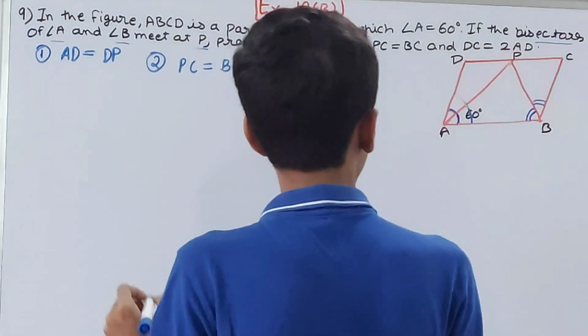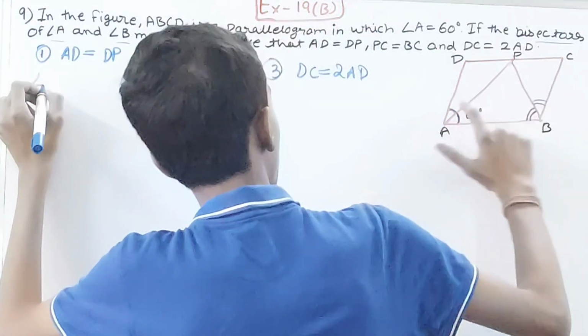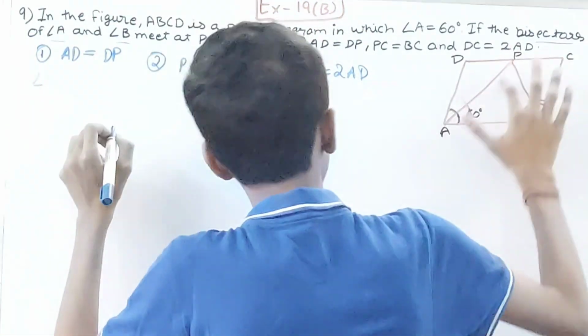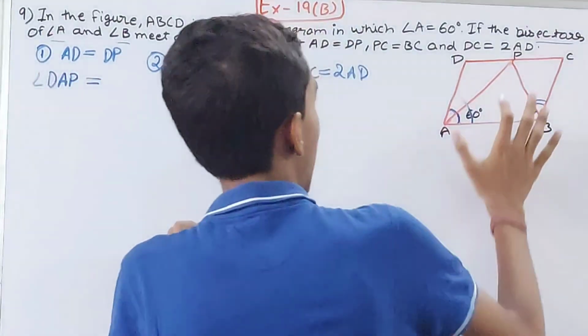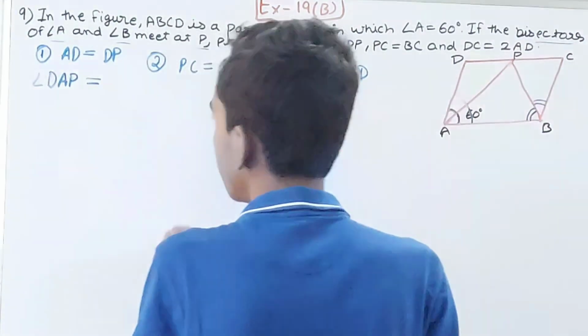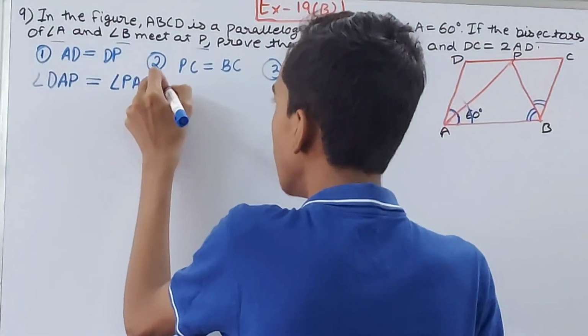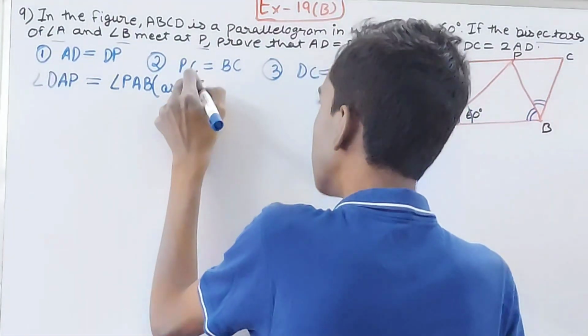Let's begin by writing it down. Angle DAP, if you can see this DAP, we are talking about this angle. Angle DAP will be equal to angle PAB, and you can write down as AP is the bisector.